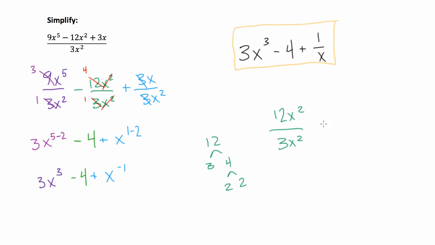So 12 is 2 times 2 times 3, and x squared is x times x. 3x squared is 3 times x times x. Then anything I have both on the top and on the bottom cancels out. You can see all that's left on top is that 4, and that's where this 4 comes from. All right, that's it for Chapter 5.